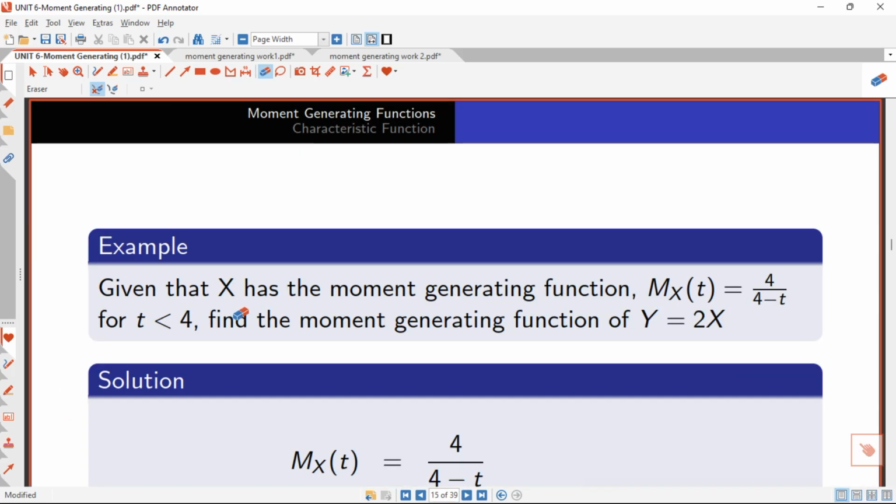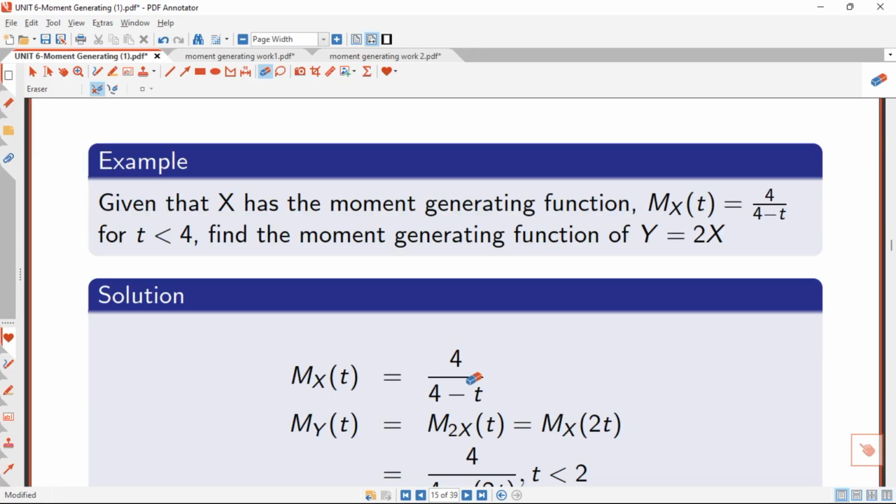Let's solve an example to better understand. It says, given that X has a moment generating function M_X(t) equal to 4 divided by 4 minus t, where t is less than 4, find the moment generating function of Y equal to 2X. Basically, we have our moment generating function here, and that 2X is what I walked you through.